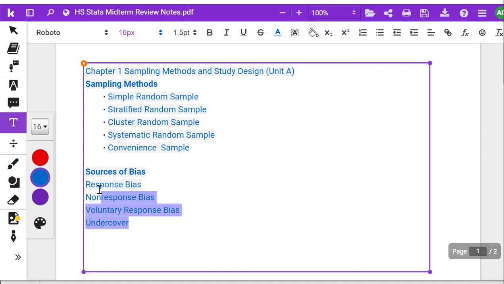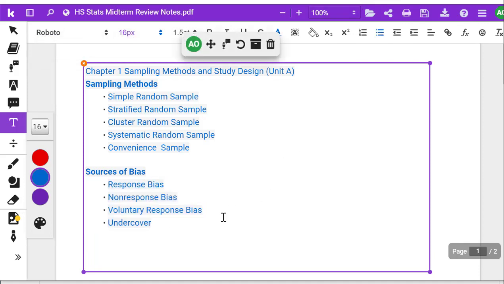So you might want to take some notes on these terms. What we did is we had voluntary response bias. Let me add my note. That's when the subject comes to the survey. All the other ones, the survey comes to the subject.